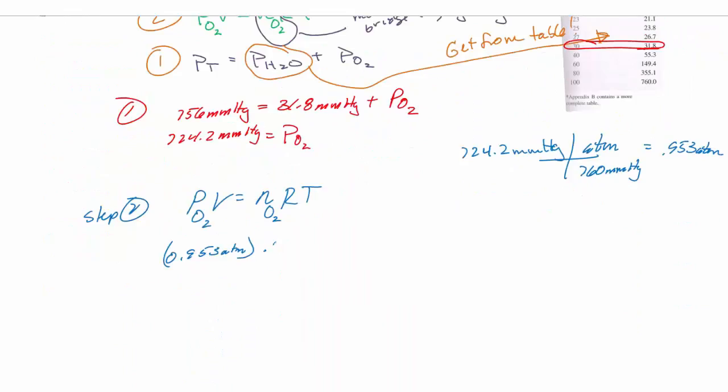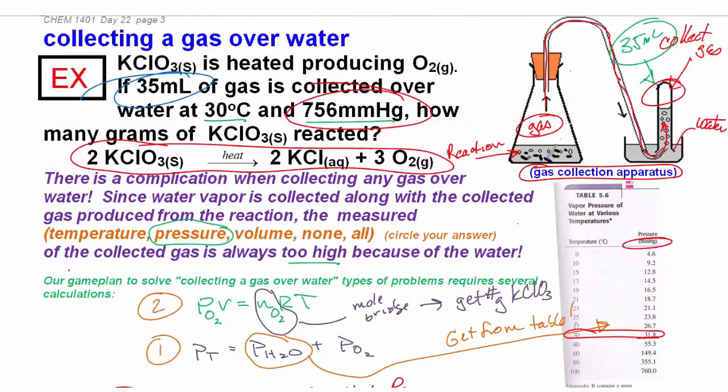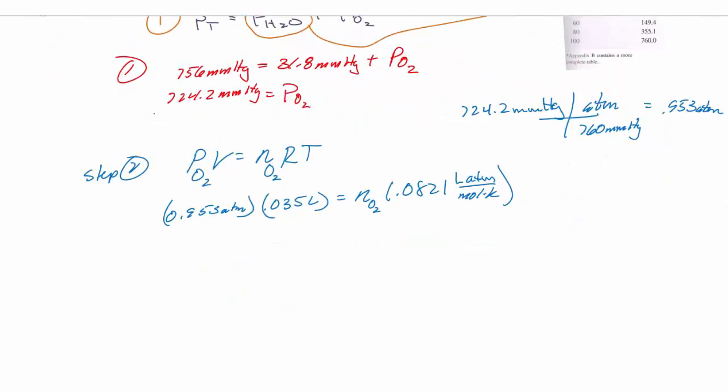So 0.035 liters equals my n, which I'm trying to find. R is 0.0821 liter atmospheres over moles Kelvin. And T was 30 degrees Celsius, I believe. 30 degrees Celsius at 273 plus 30, 303 Kelvin.